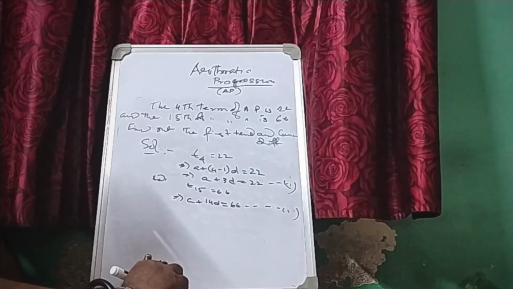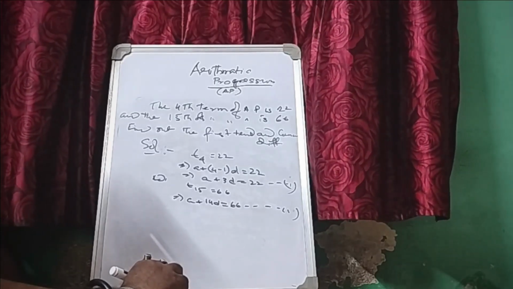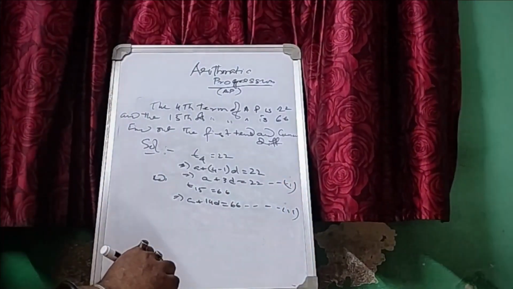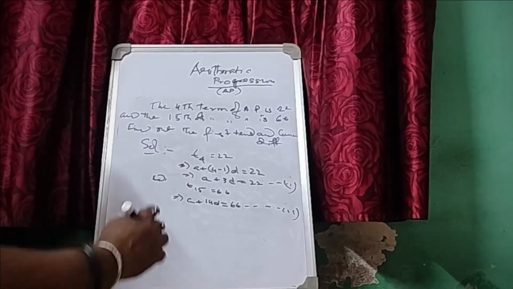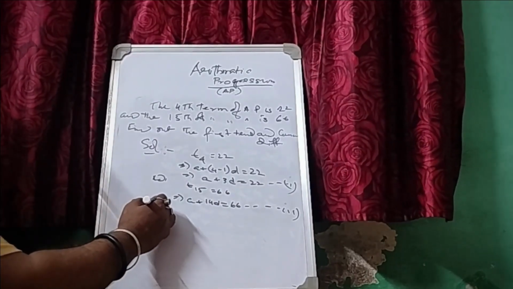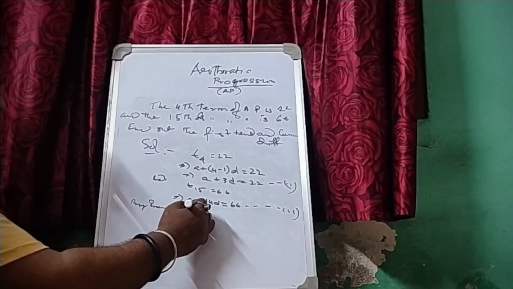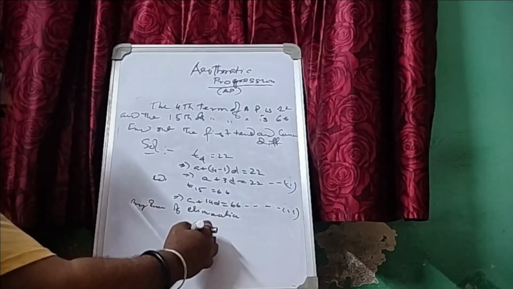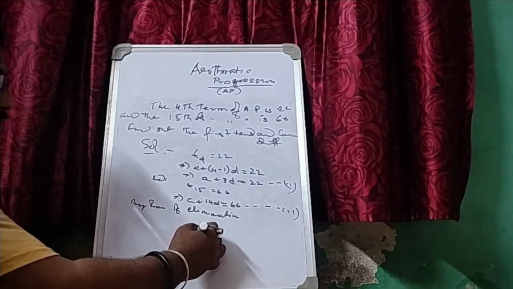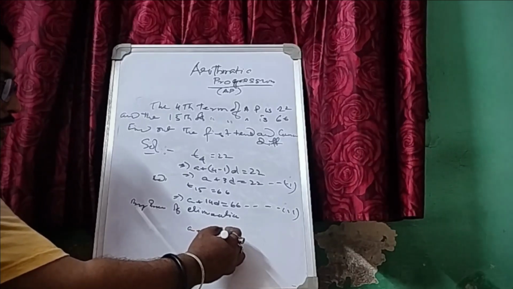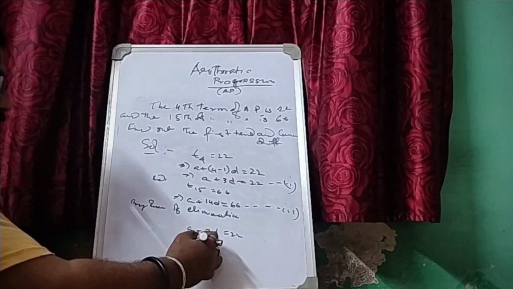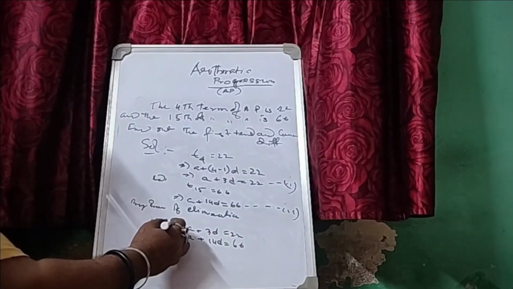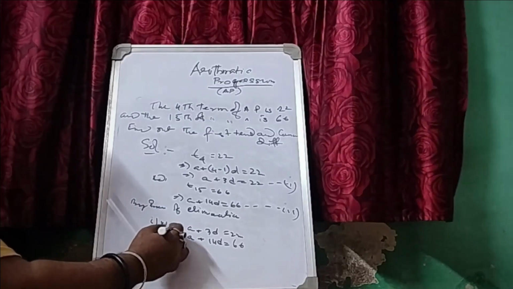Now, by the process of elimination, we will find out the value of a and d. a plus 3d is equal to 22, a plus 14d is equal to 66. Equation one is multiplied by 1, equation two is multiplied by 1.